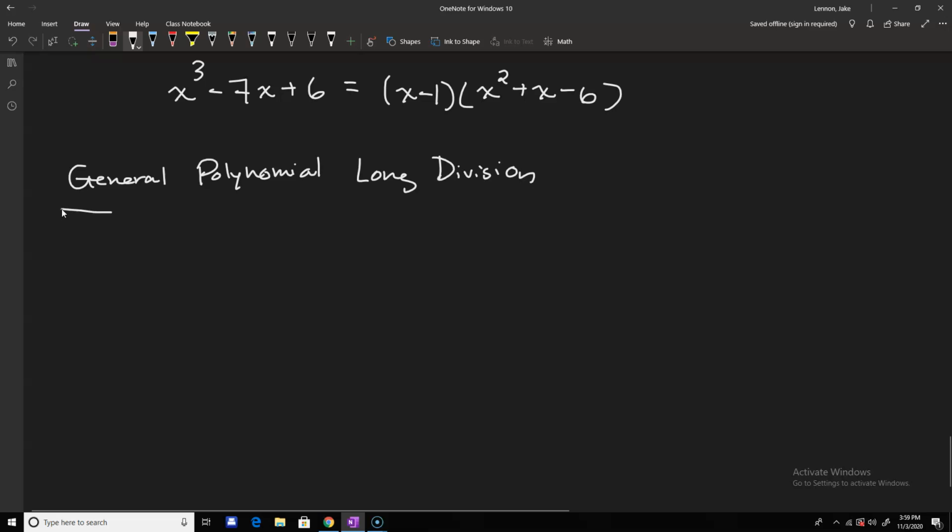So we have to pay more attention to matching the coefficients directly. So let's just look at some examples.